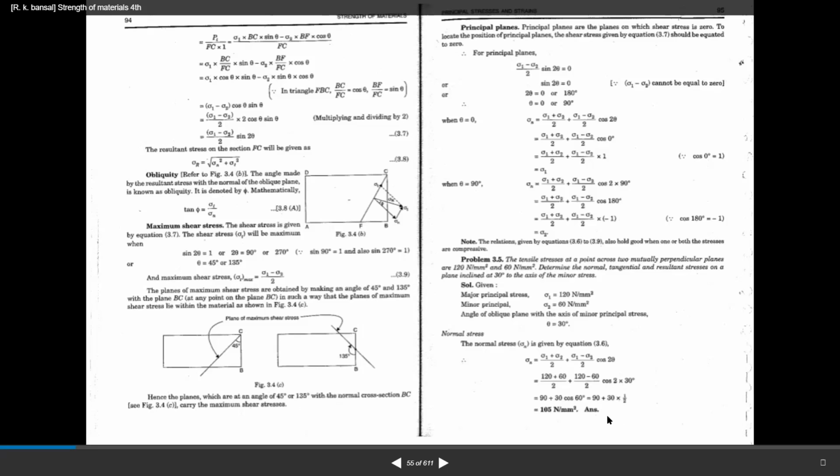Cos 60 is 1 by 2. For the total, the normal stress value sigma n equal to 105 Newton per mm square.